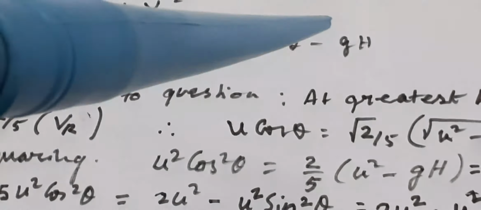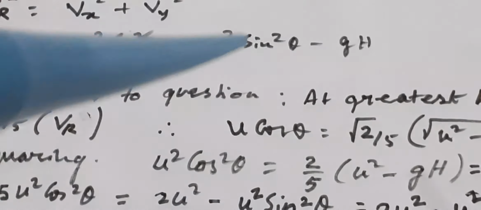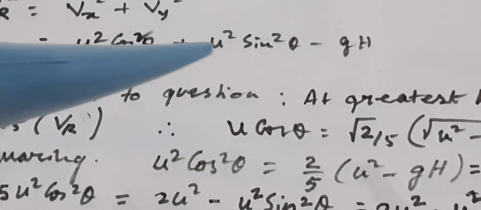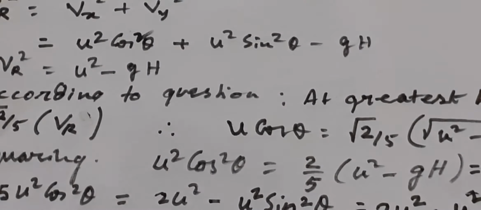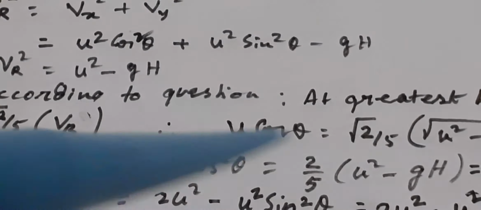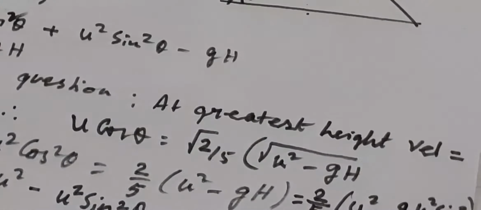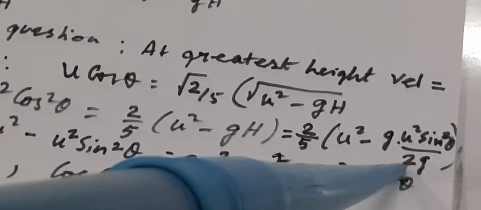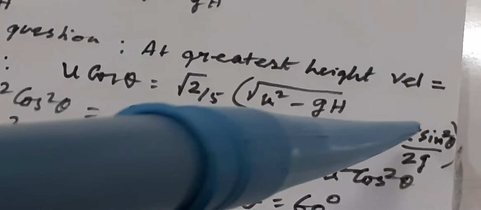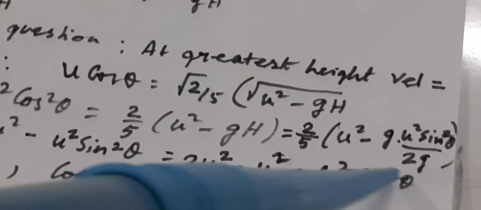You know H will be how much? Maximum height, with initial velocity u sin theta, that will be u square sin square theta divided by twice g, that is the maximum height equation. So for height H you can replace it with u square sin square theta by twice g. A little bit of simplification is required here.